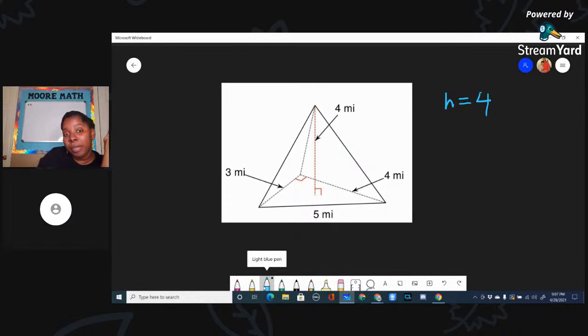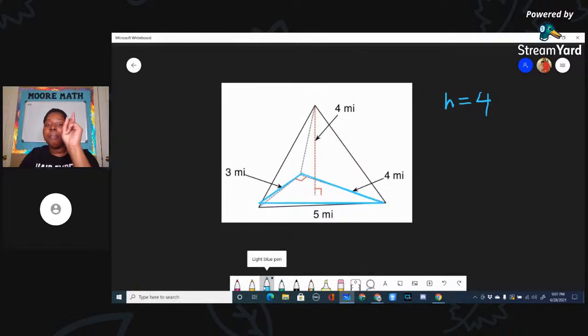Now with your triangle, be careful here. So you have 3 different options. You have this right here. You have this line. And you have this bottom line. Okay. So this is a triangle.